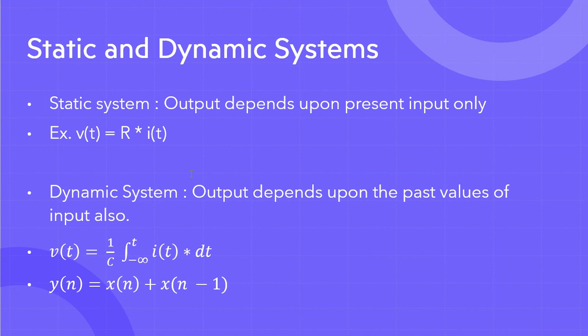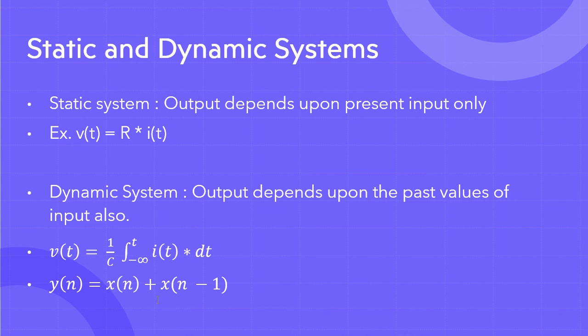How do we express it? You can say y of n is equal to x of n plus x of n minus 1, right? See here, y of n is my output, x of n plus x of n minus 1 is my input, and what is this x of n minus 1 indicating?